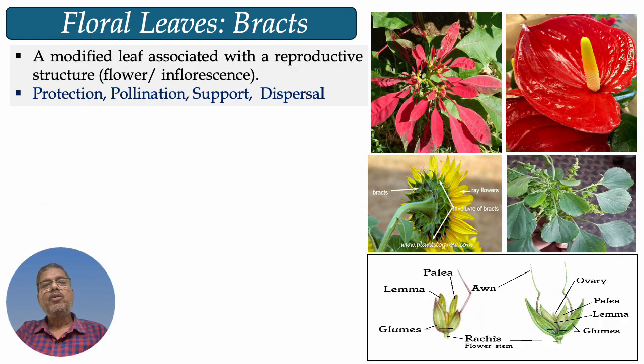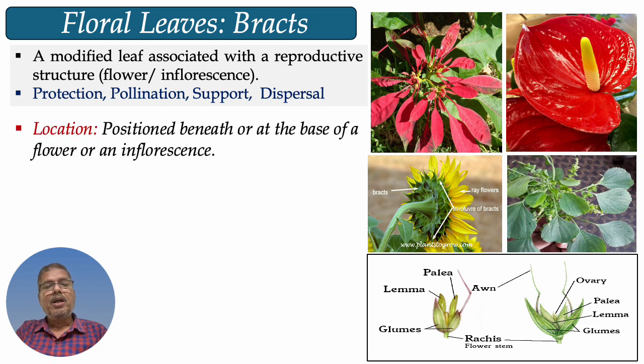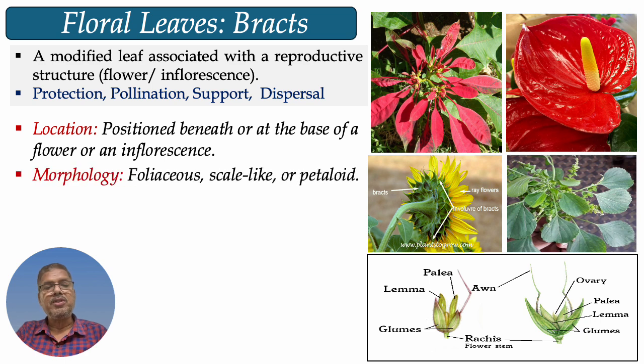A bract is a modified or specialized leaf that is associated with a reproductive structure such as a flower, a flower cluster, or an inflorescence. Bracts are typically different from regular foliage leaves with respect to size, shape, color, or texture. They are usually sessile or positioned beneath or at the base of the flower or inflorescence.